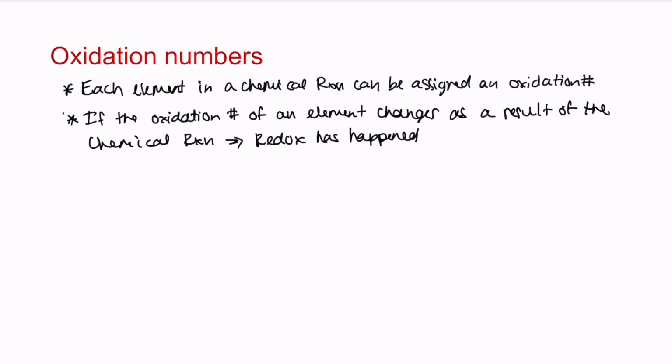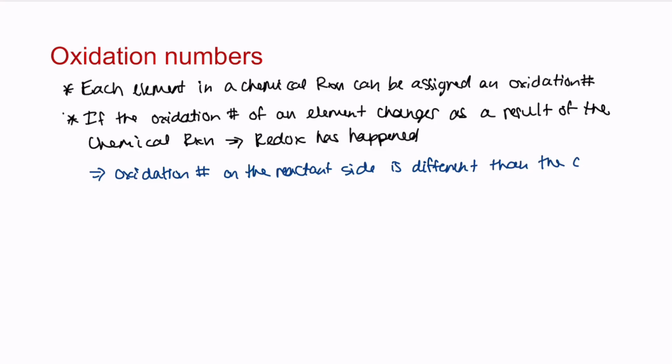Another way of saying that is the oxidation number on the reactant side is different than the oxidation number on the product side for an element.